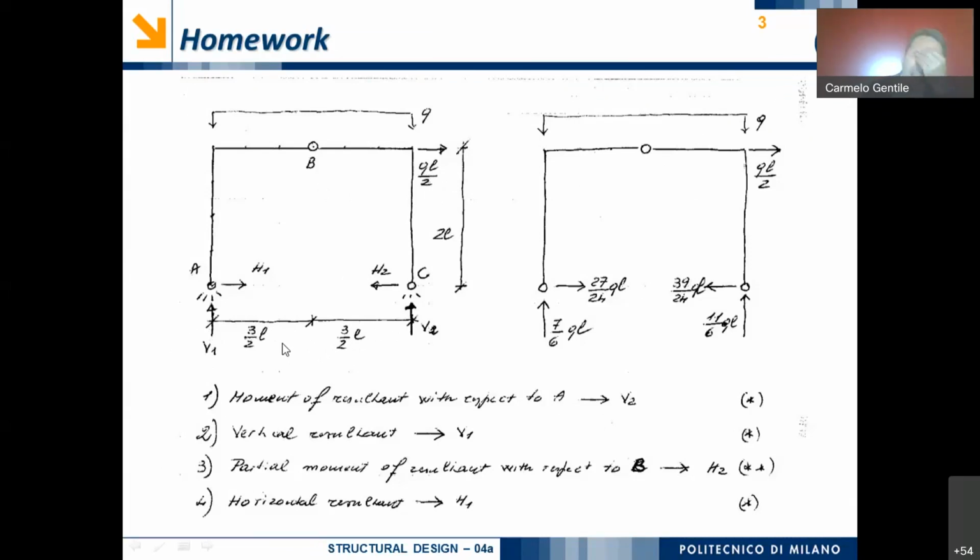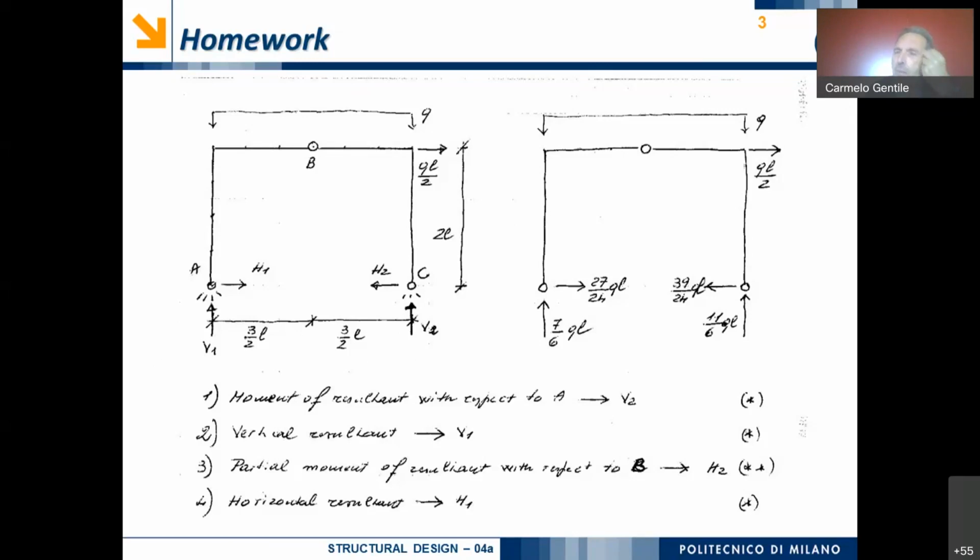Okay, this is a classic arch with 3 hinges. So there are in this classical scheme 2 beams which are connected between themselves and with the ground by using 3 hinges.